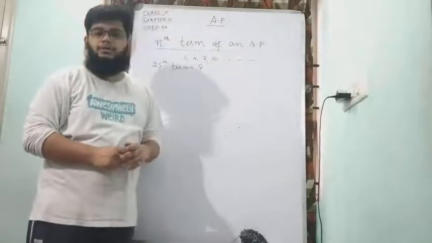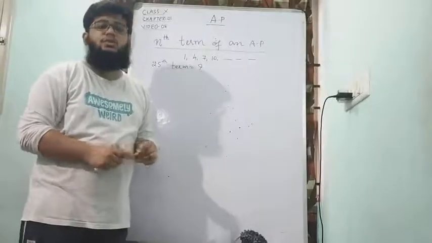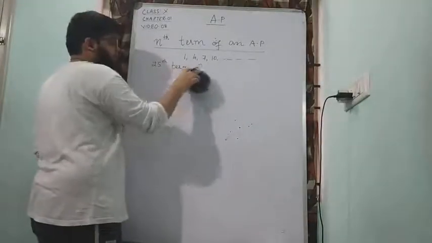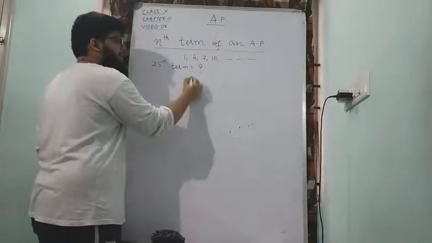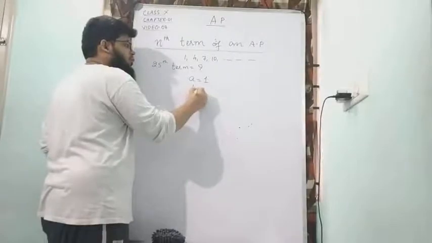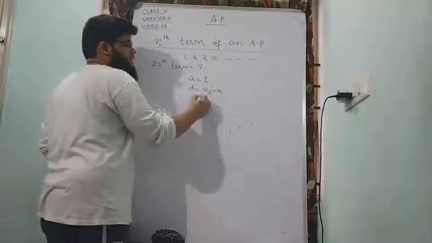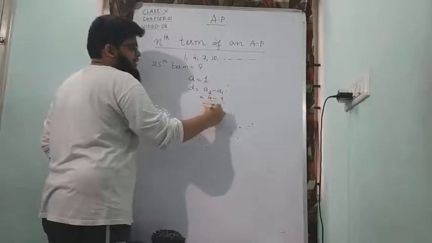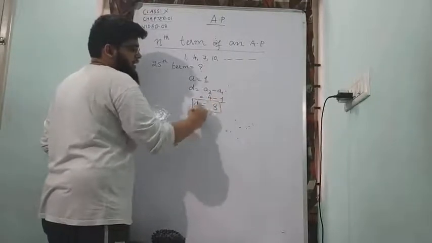So what we'll do is, in order to find the 25th term, let me go with the first term, which is 1. Let me go with the common difference, which is A2 minus A1. A2 is 4, minus A1 is 1, and 4 minus 1 is 3, so the value of d is 3.